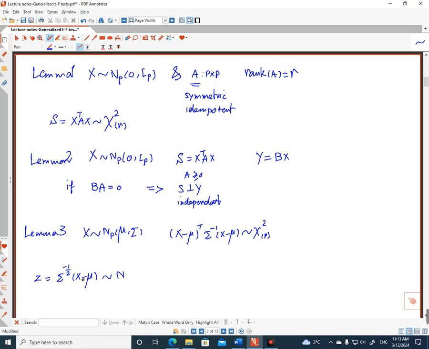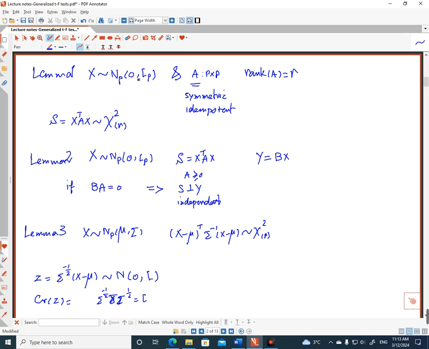The mean is equal to 0, and the variance covariance matrix is, let's compute it, the covariance of z, which is sigma to the minus half times the variance covariance matrix of x, times sigma to the half, which is equal to identity. So it is identity.